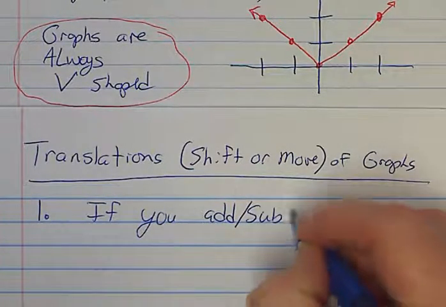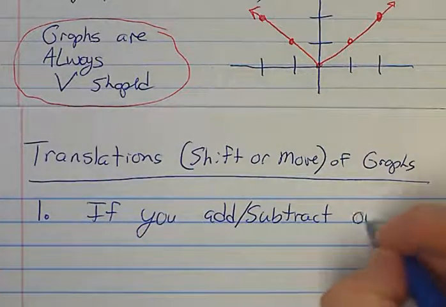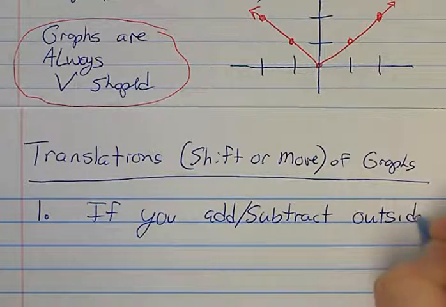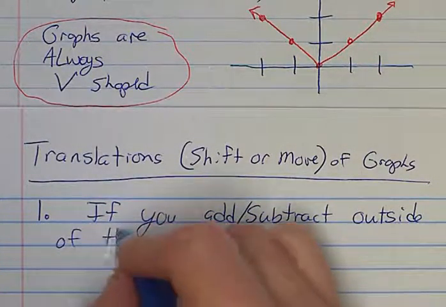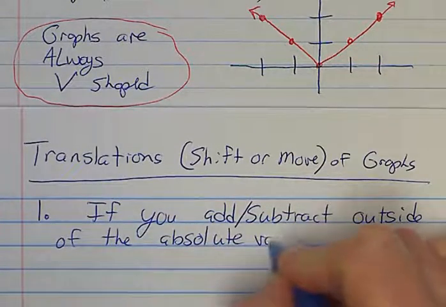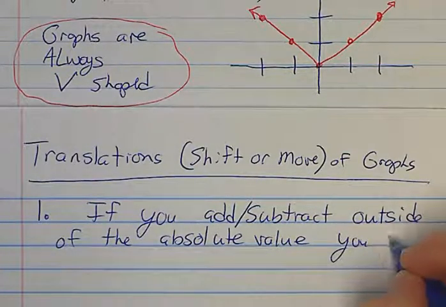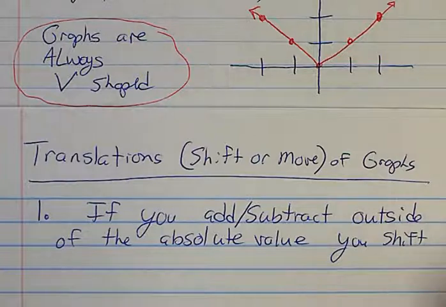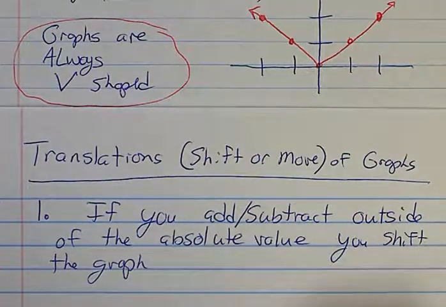If you add or subtract outside of the absolute value, you translate, you shift, you move. We'll just say shift for now. You shift the graph vertically.